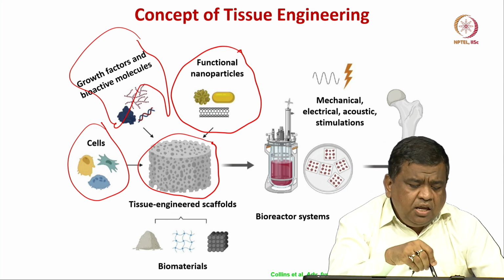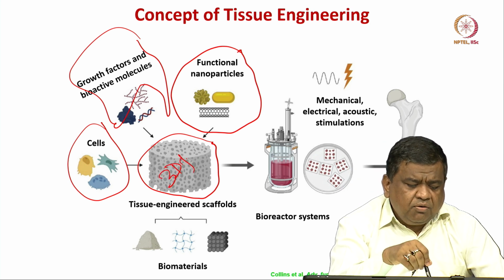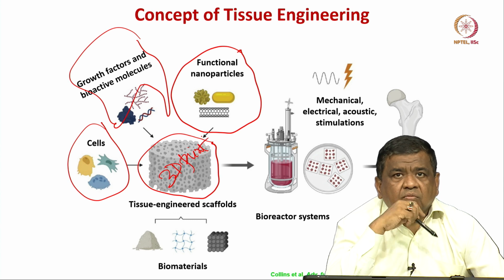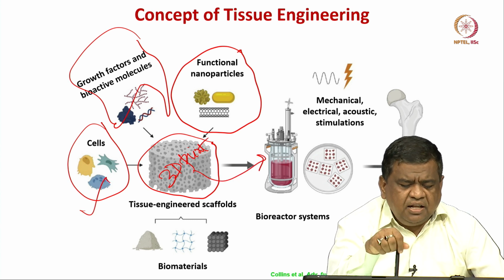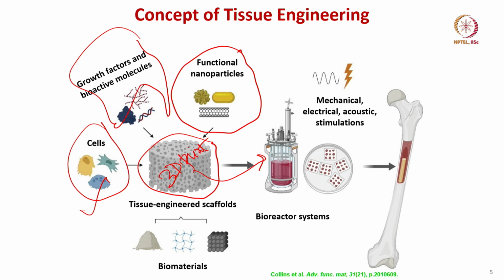One is that you 3D print these particular structures, and then you put them in the bioreactor system containing these cells. Then you can allow the cells to infiltrate into the structure, and then you can allow the maturation to take place. This is 3D printing followed by cells.